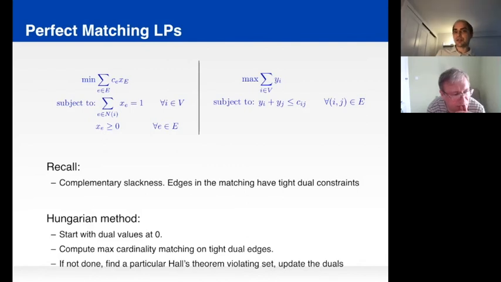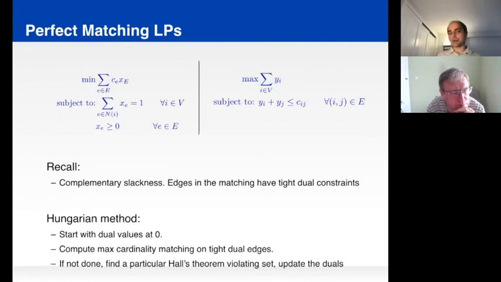What the dual says is I need to find shadow values or prices, these y_i's, one for every vertex in my set, so that the sum of them is at most c_ij. And complementary slackness tells me that exactly the edges on which the sum of the two vertex shadow prices is equal to the cost are exactly the edges that are going to be in my matching. And this is how the Hungarian method works as well.